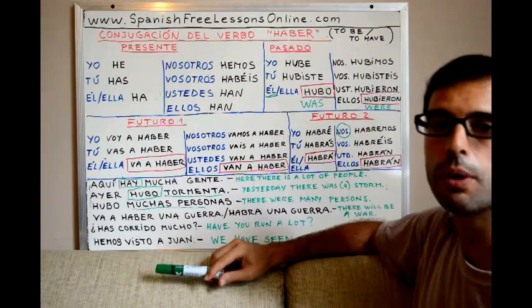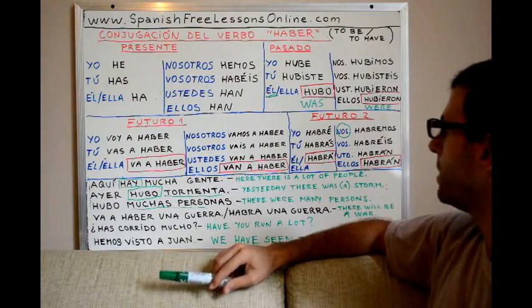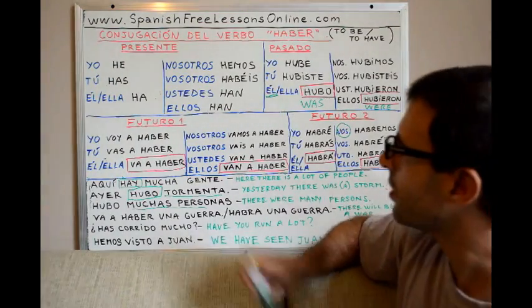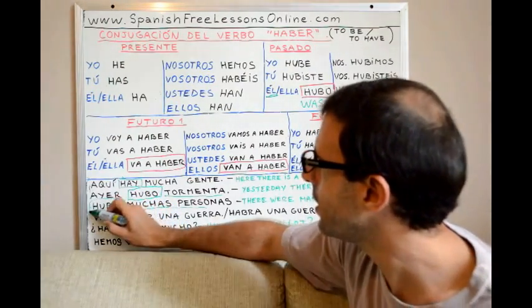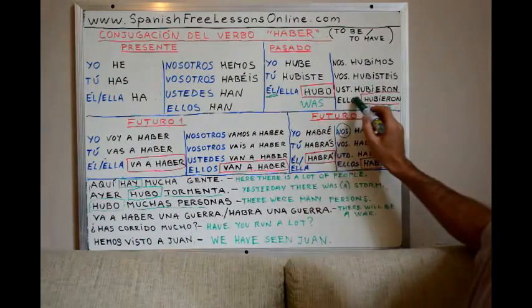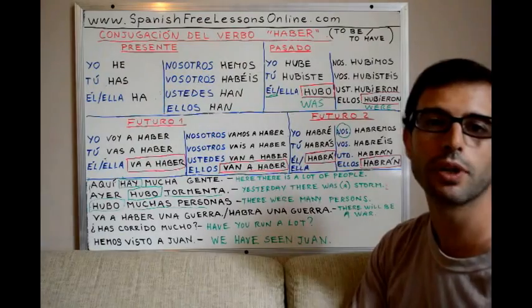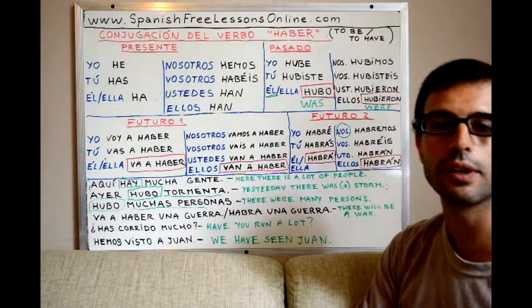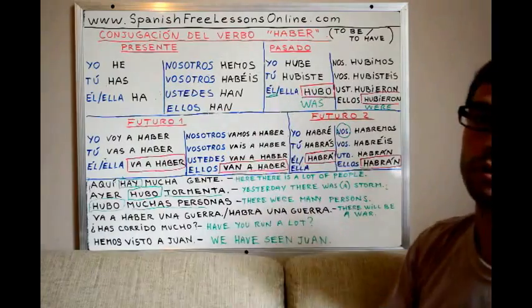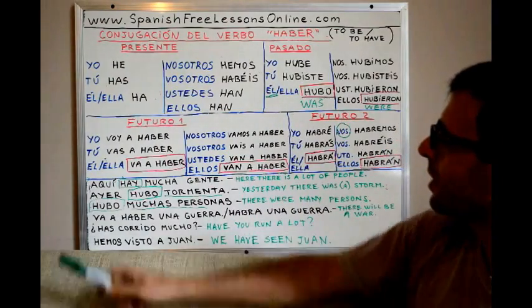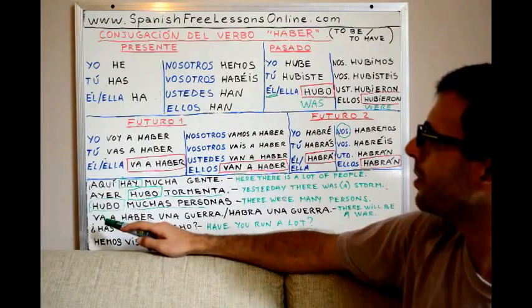There was many people, many persons. So this is something you have to keep in mind. Even if you say hubieron, probably everybody will understand what you're talking about, and many people would say hubieron, although it is wrong.